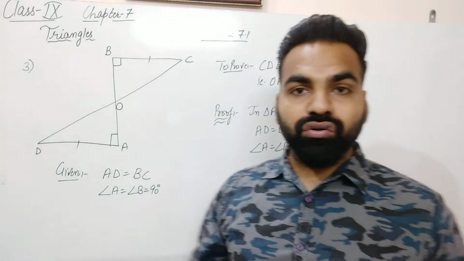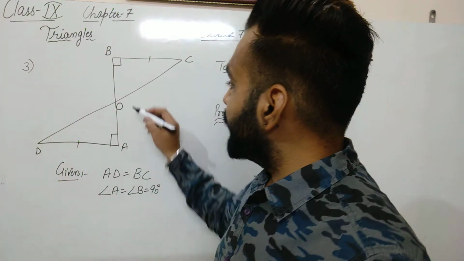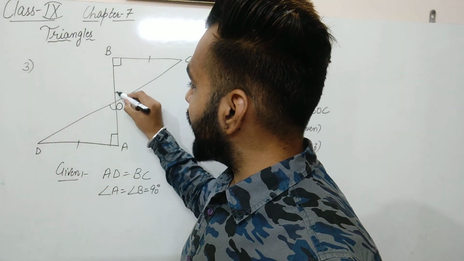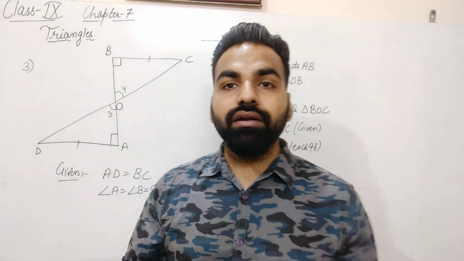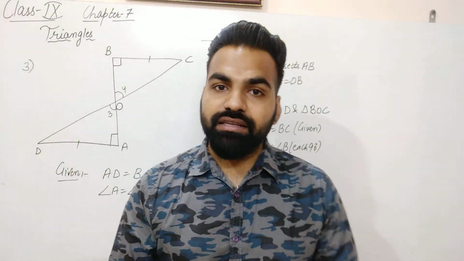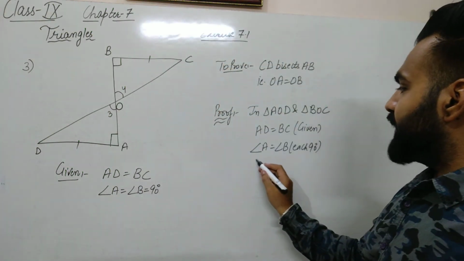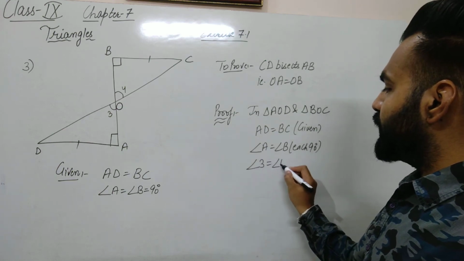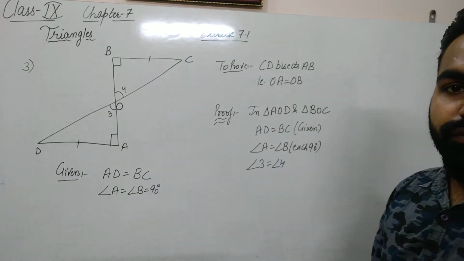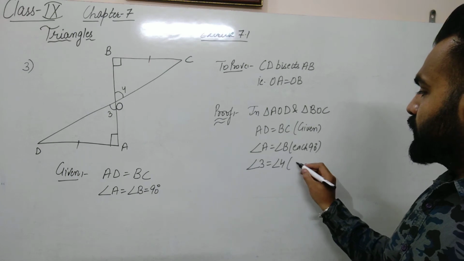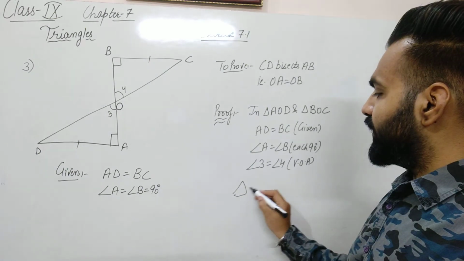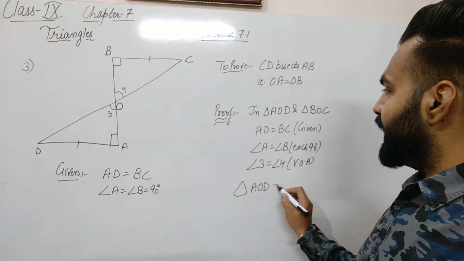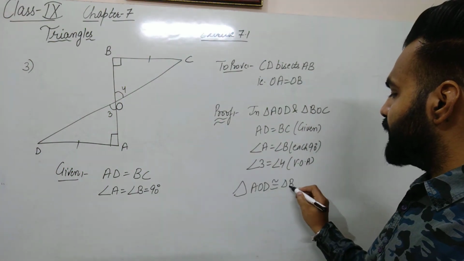And now we have to look for the third part. So here we can see that these two angles form vertically opposite angles, and we know that pair of vertically opposite angles are equal. So here we can see angle 3 will be equal to angle 4. Vertical opposite angles.